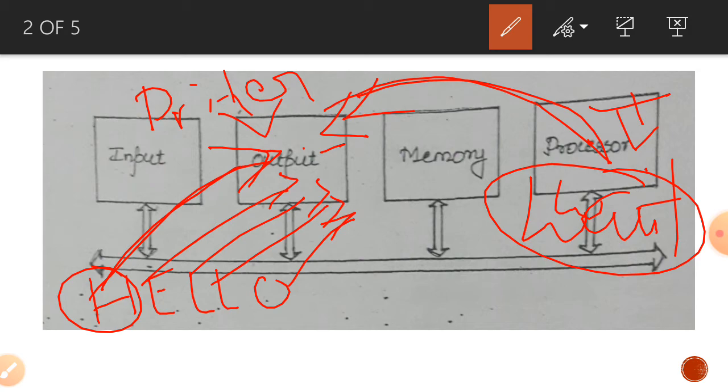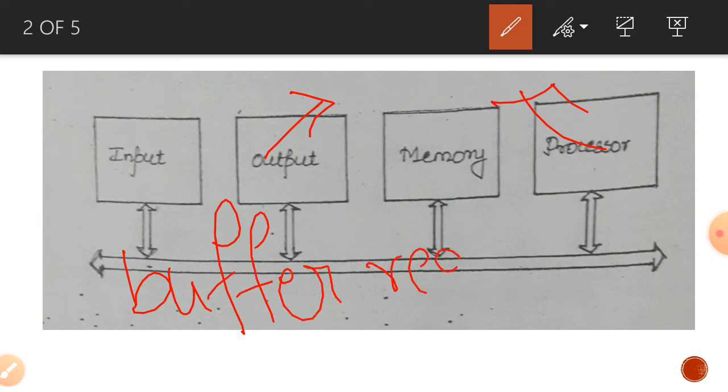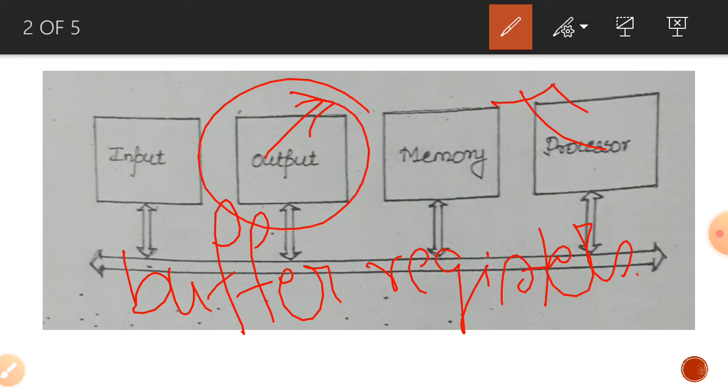To solve this timing issue and the processor being blocked, buffer registers are used for the slow devices. To synchronize these speeds, buffer registers are used, only for the output devices.